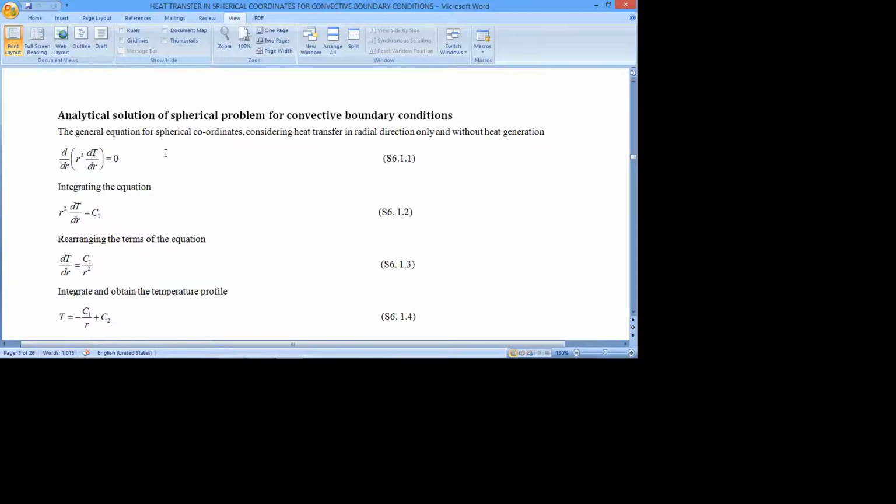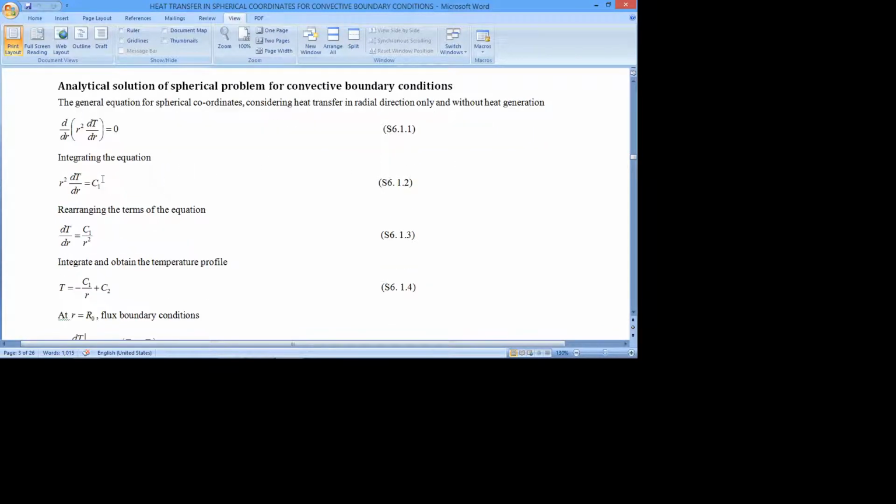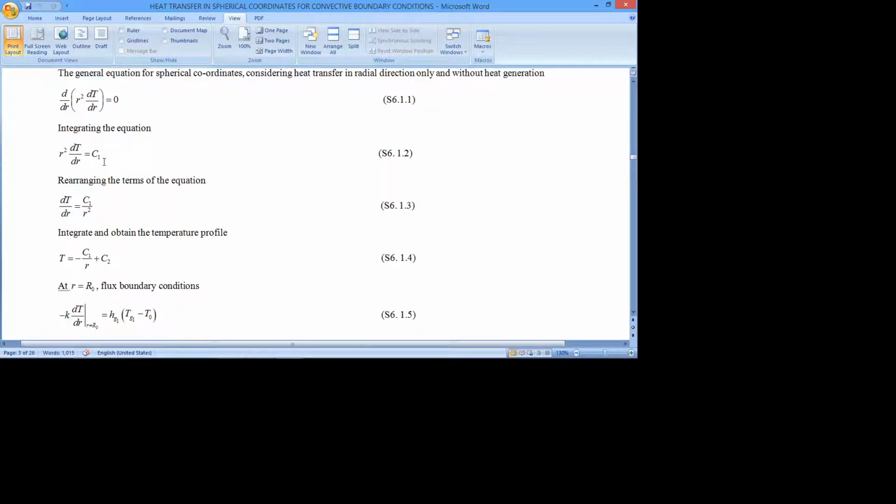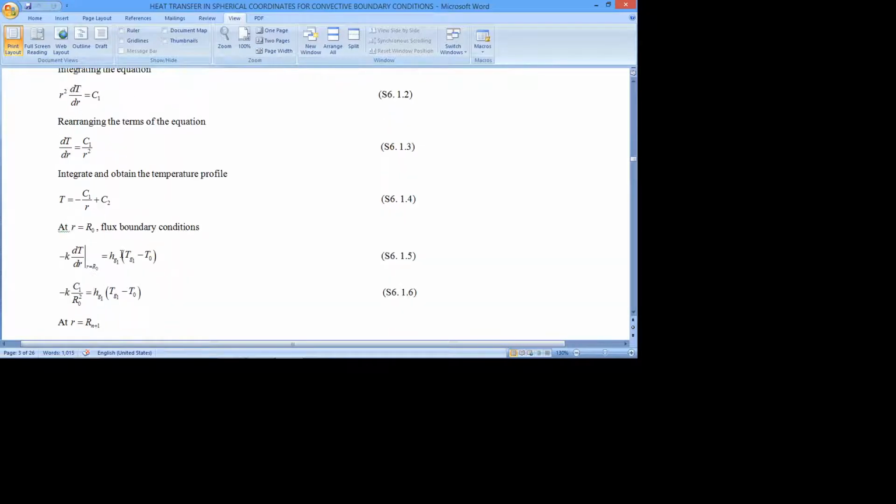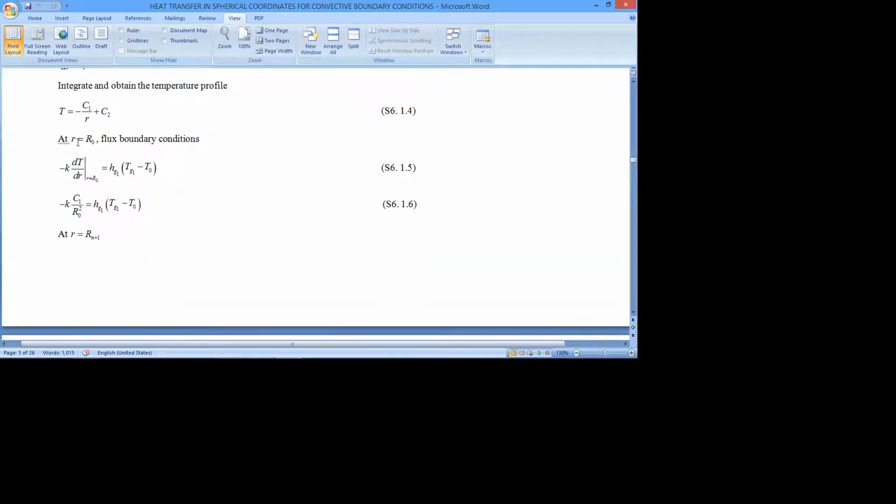Here you have the analytical solution, showing how to solve analytically for convective boundary conditions. This was our governing equation, d upon dr of r square dT upon dr. This can be integrated to get the first constant, then integrated again to get minus C1 upon r plus C2. Now the fluxes are given. At r equal to R0, the conductive flux, minus k dT upon dr, equals Hg1 times Tg1 minus T0.